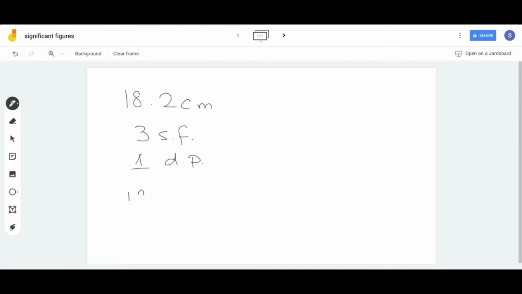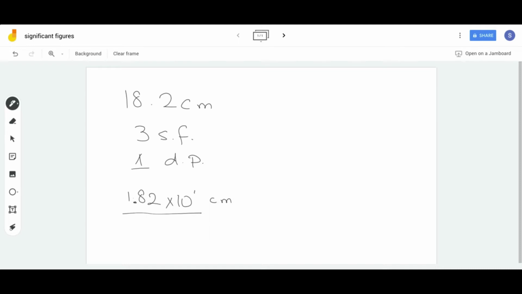Or you can write it as 1.82 times 10 raised to the power of 1 centimeters. And this is called scientific notation. Scientific notation, as I said earlier, is more to do with large numbers or very small numbers.